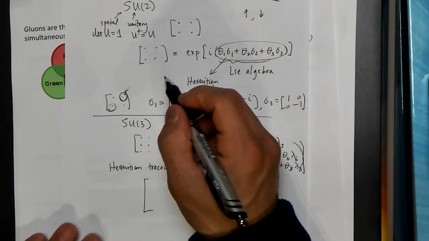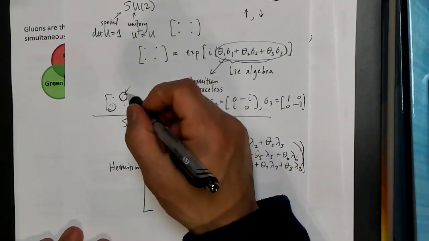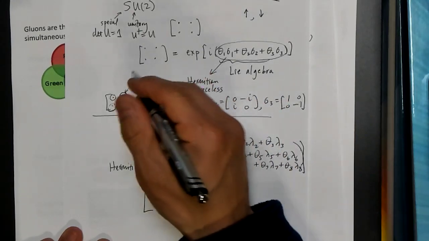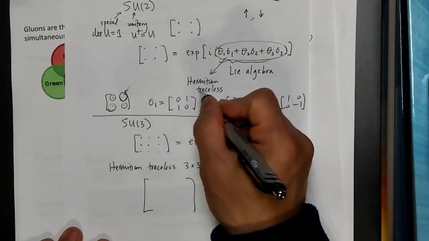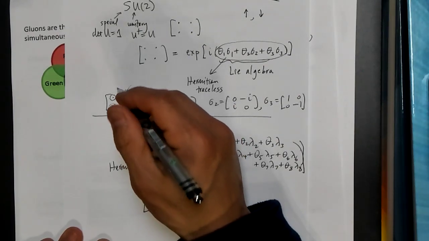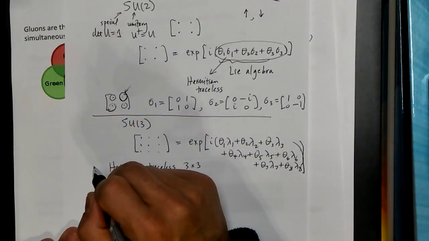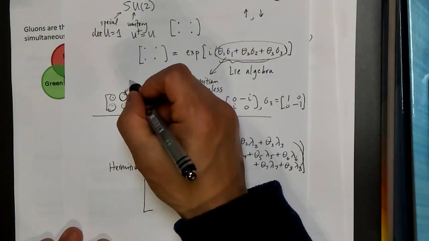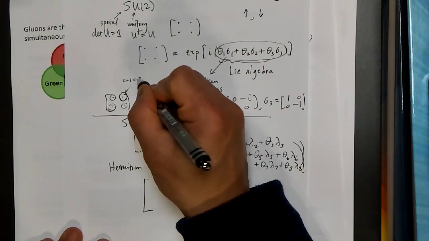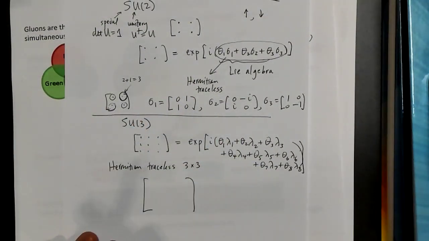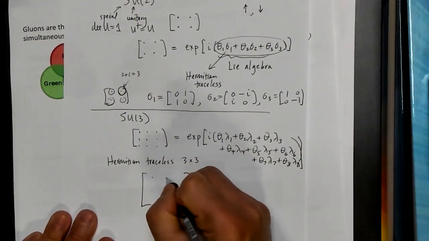Okay, so that's 2 real degrees of freedom. And then this must be real because it must be Hermitian. This must be real because it must be Hermitian. But the sum of these two must equal 0. So only one of these two is linearly independent. So then I get 2 plus 1 is equal to 3 real parameters that parameterize the Hermitian traceless matrices.